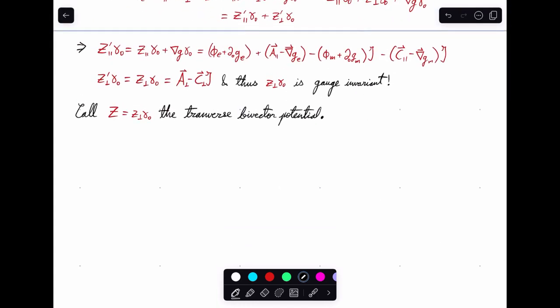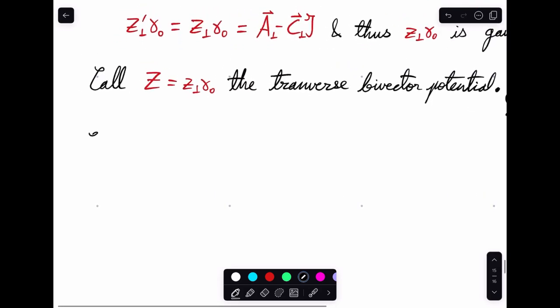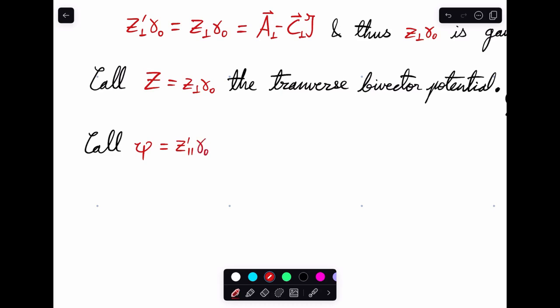And there's another one, call C equal to Z prime parallel gamma naught, the even potential.